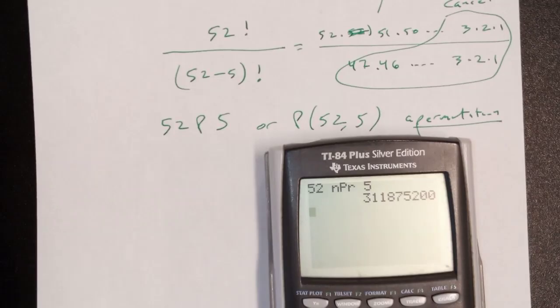You can rearrange them, can't you? My ordering doesn't matter anymore. Okay, wait a second. These are ordered collections. If I don't want to care about the order, I have to make this number smaller, because then getting ace followed by king is the same as getting king followed by ace. They're equivalent. I shouldn't count those separately. I should count them once.